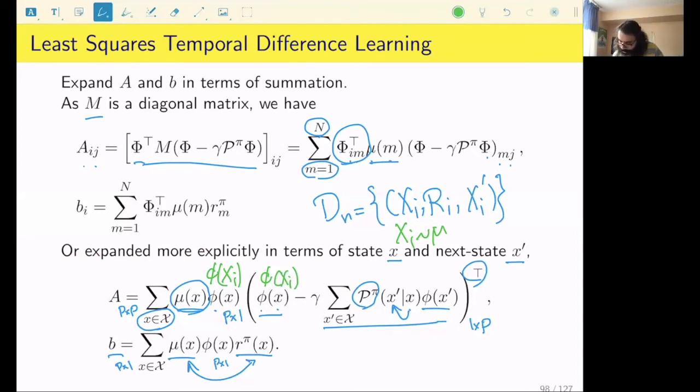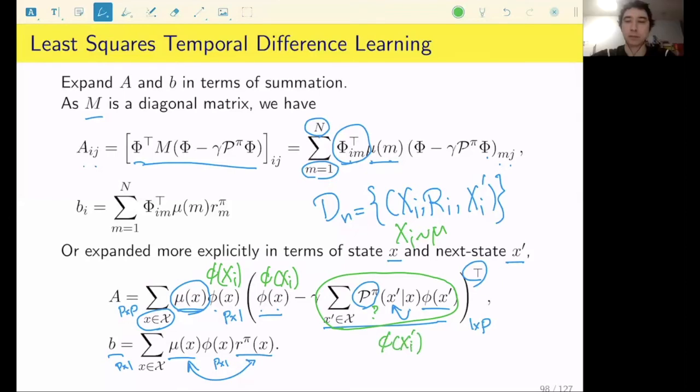So what should I do with this term? Because I don't know p pi. Phi of x_i prime. Okay, so yeah, exactly. So I can write this whole thing as phi of x_i prime, and there's a gamma there.